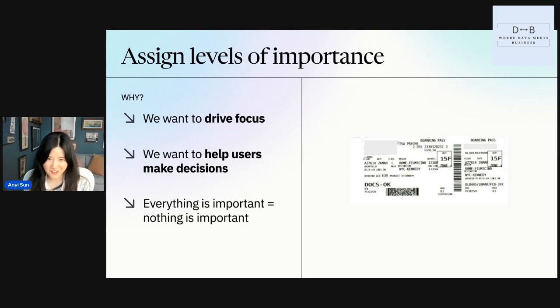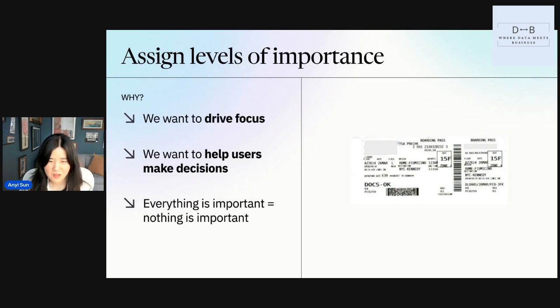So for example, on this unfortunate boarding pass, it's really hard to look at it and look for the information that you need. I'm talking about the mental effort that it takes to find the piece of information you need. For example, if you want to look for boarding time, I don't know if you can see it clearly because of this streaming quality, but it's right here.